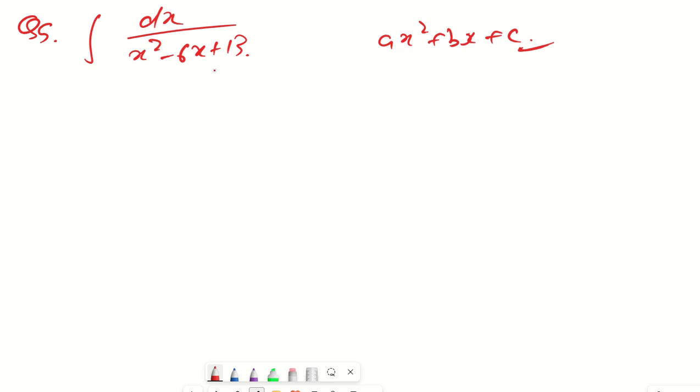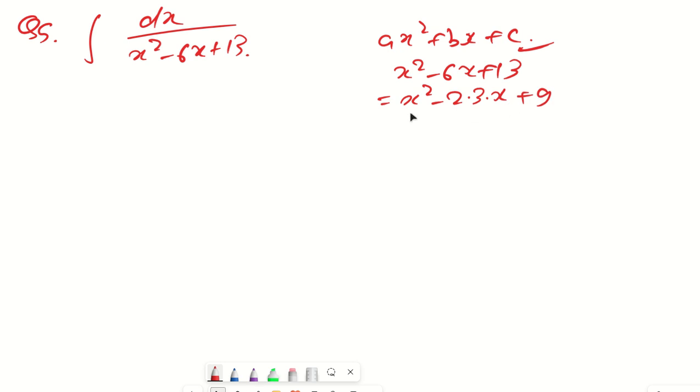So what we can do, let us put here, we have the term x square minus 6x plus 13. So can we write it down like x square minus 2 times a into b, where a is x, and b can be 3, so 2 times 3 times x. So b can be considered as 3. So we will require one more thing, 3 3s are 9.